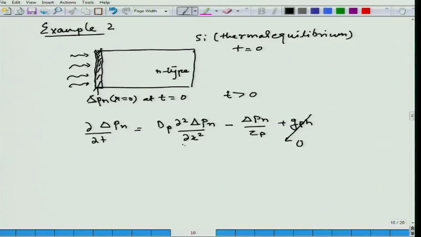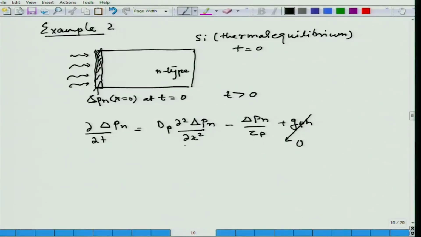This part will not be 0, because as you can see there is already a gradient, with a much higher concentration of holes here compared to the rest of the material, and hence this gradient is going to exist. This term will of course exist, which is due to thermal cases, and this is the solution that I am looking for.